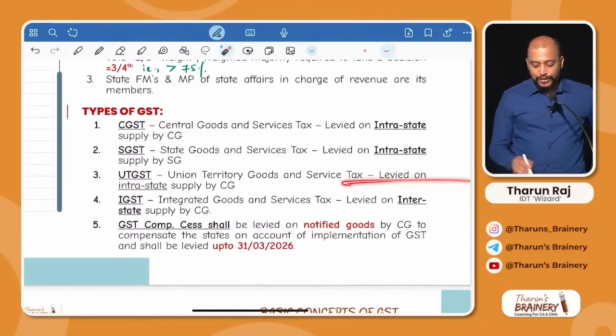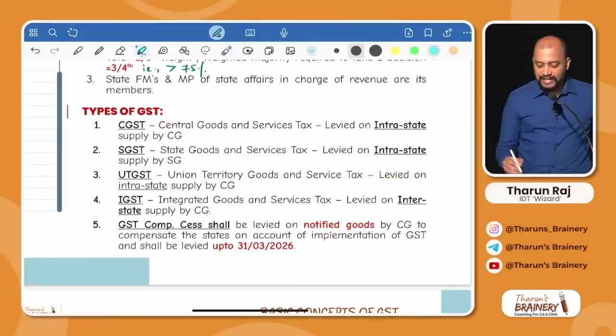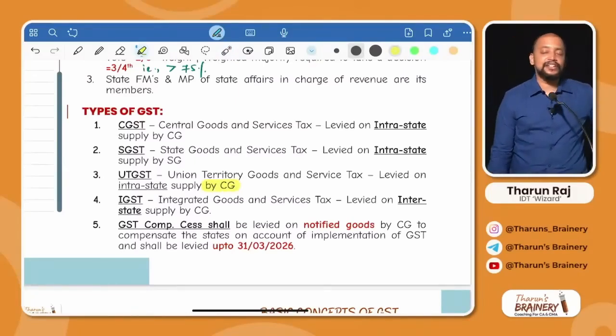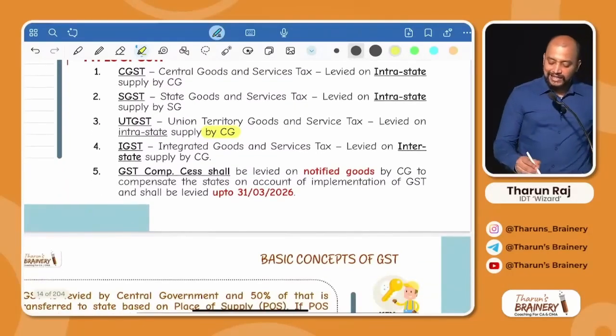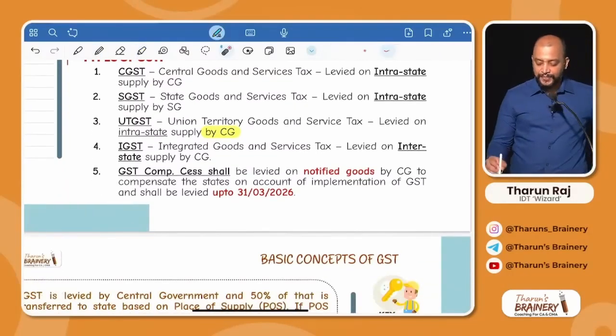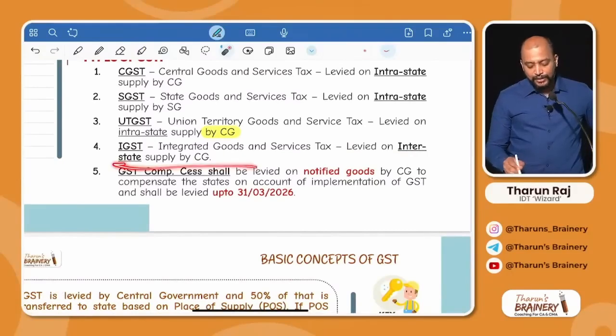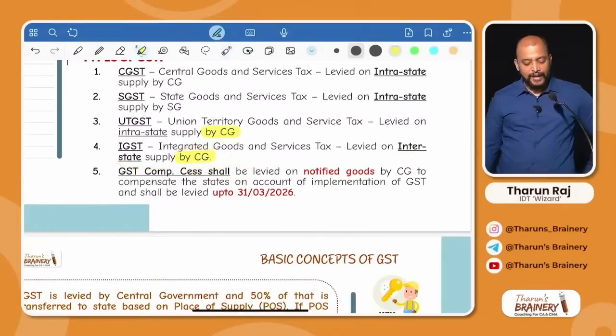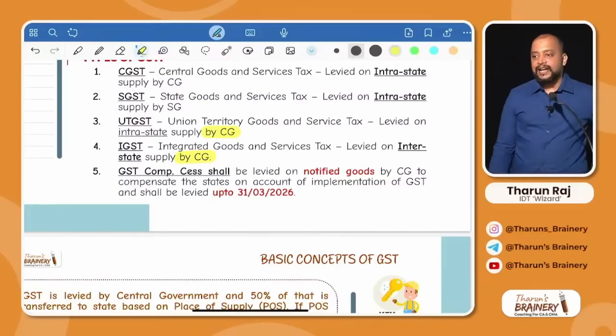UTGST is also applicable on intra-state, but it is by central government. Highlight this. Usually for union territory GST, we will think that it is by the union territory. No, it is by central government. IGST, integrated tax, is levied and collected by central government only. This also you highlight as by central government. But fully central government will not retain. What will they do?